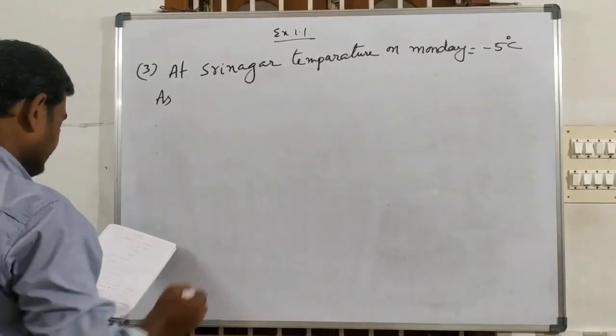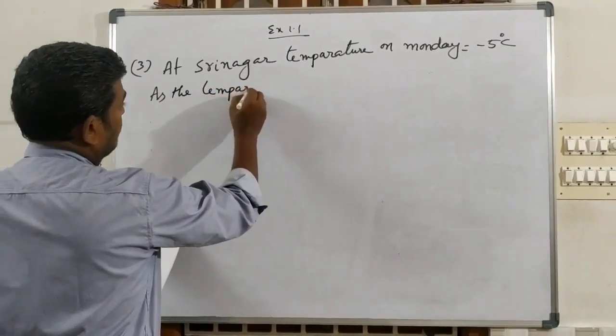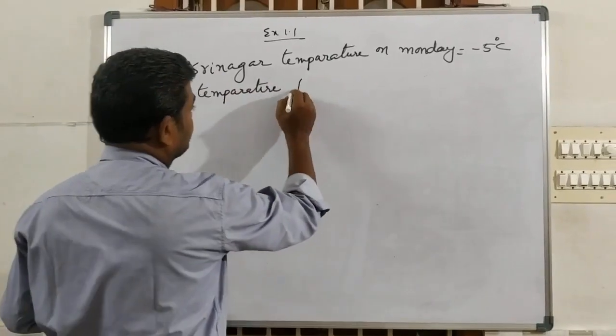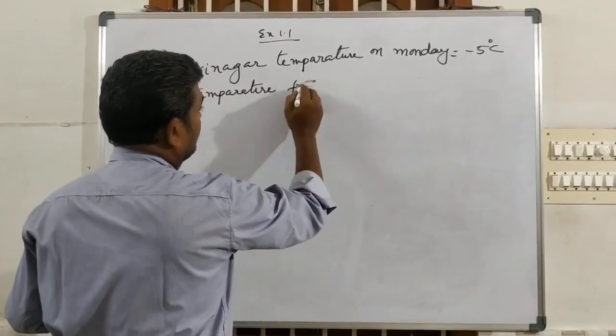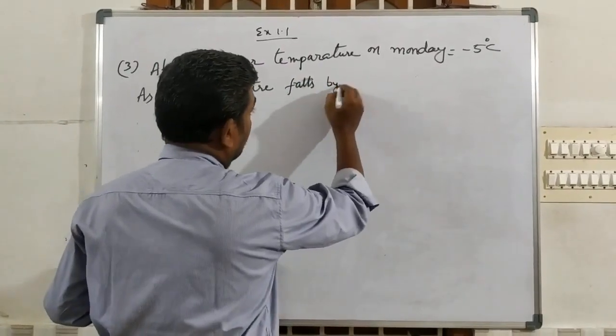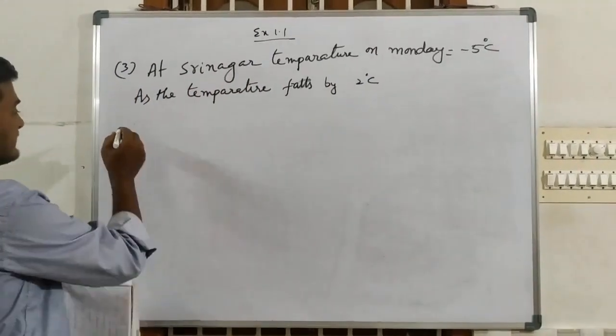Then the temperature falls, dropped or falls by 2 degrees Celsius.